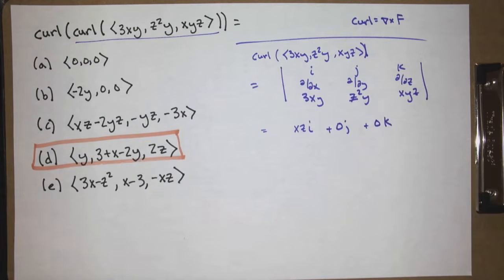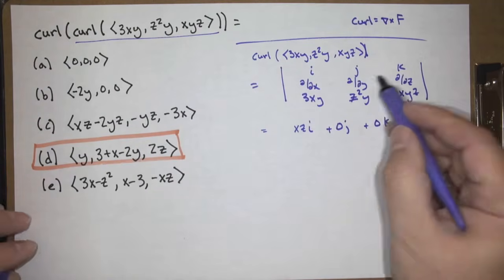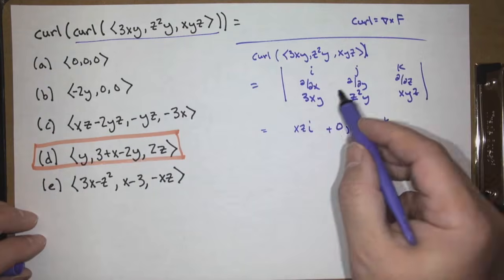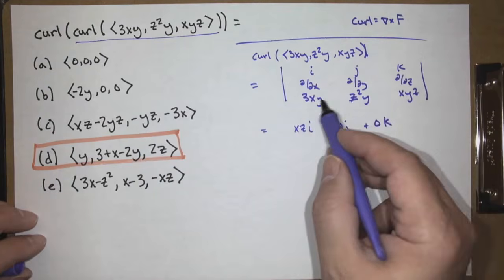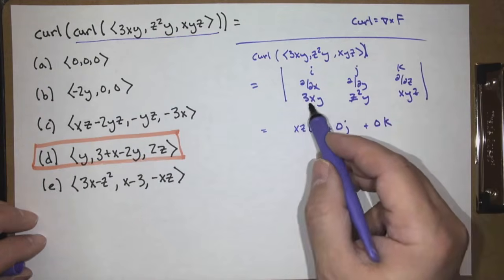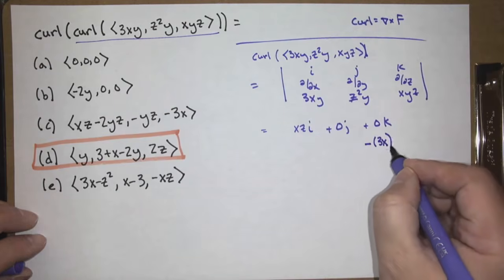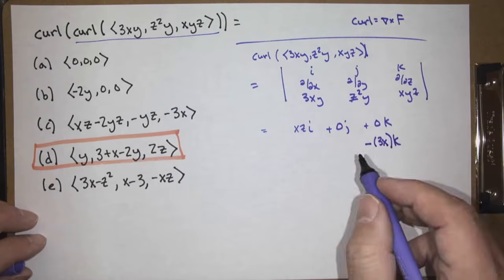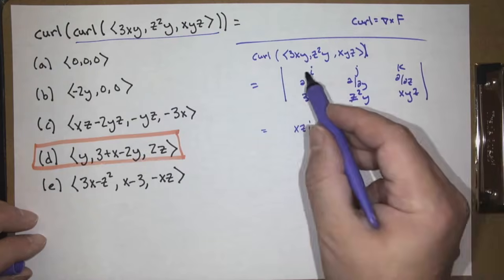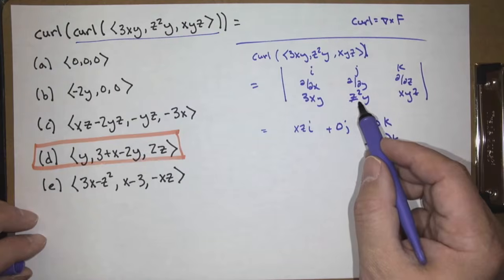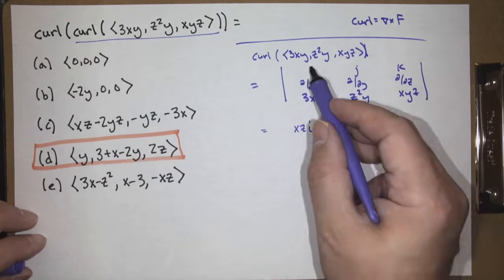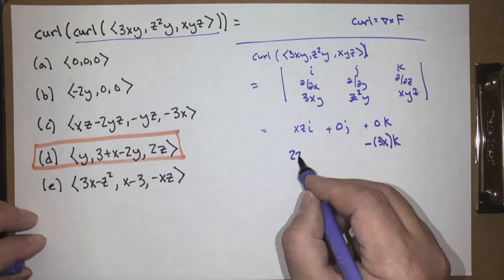Then you have to do the other diagonals. So here we have a diagonal that involves k, partial y of 3xy. So that would be 3x. But because it's sort of the other type of diagonal, we subtract. Here, the next one, we have i and partial z of z squared y. That's 2zy. That's going to be in the i direction.